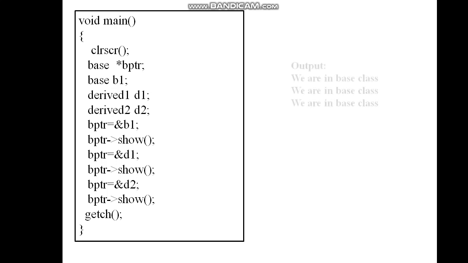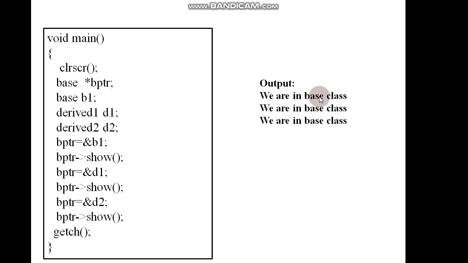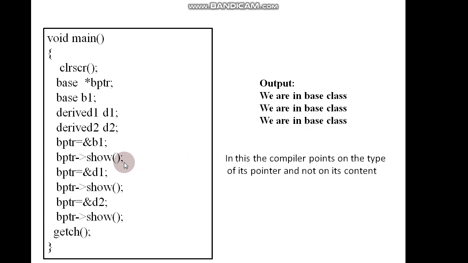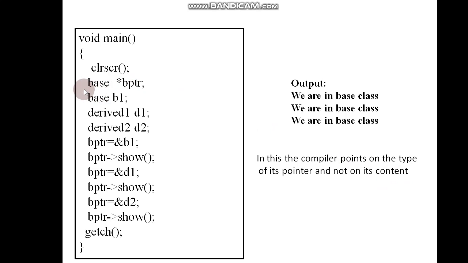Let's see the output. The output displayed is that we are in base class all the time when we call the show function. This happens because in this example the compiler concentrates on the data type of the pointer but not on its contents. The data type of the pointer is base.